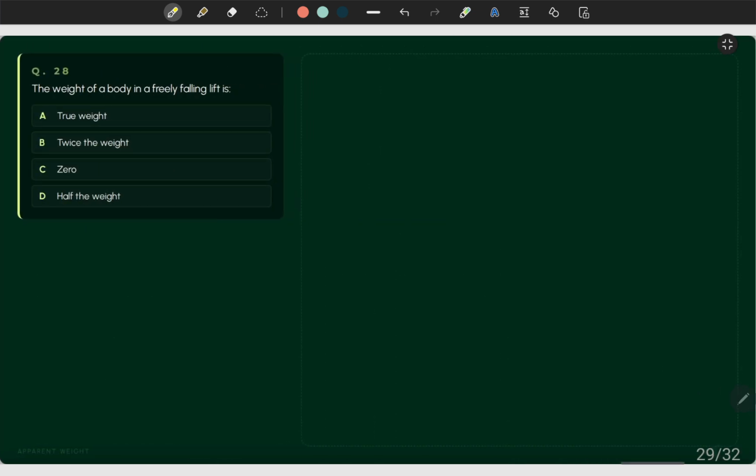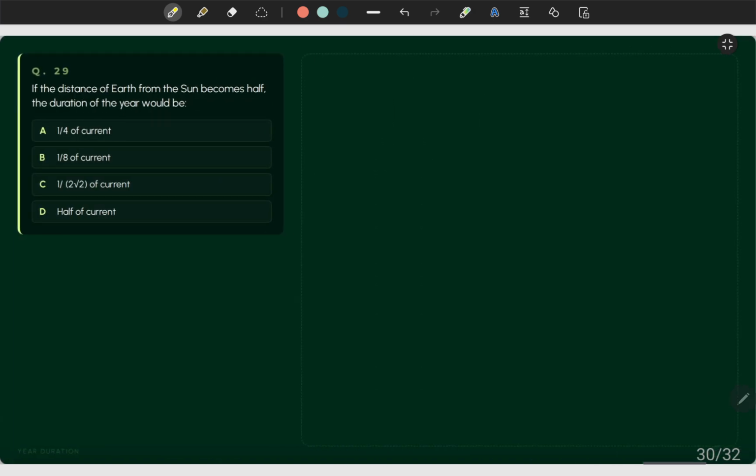Question number 28. The weight of a body in a freely falling lift is. In a freely falling lift, the apparent weight is mg minus ma. During free fall, the acceleration is equal to g and the weight will be equal to 0.